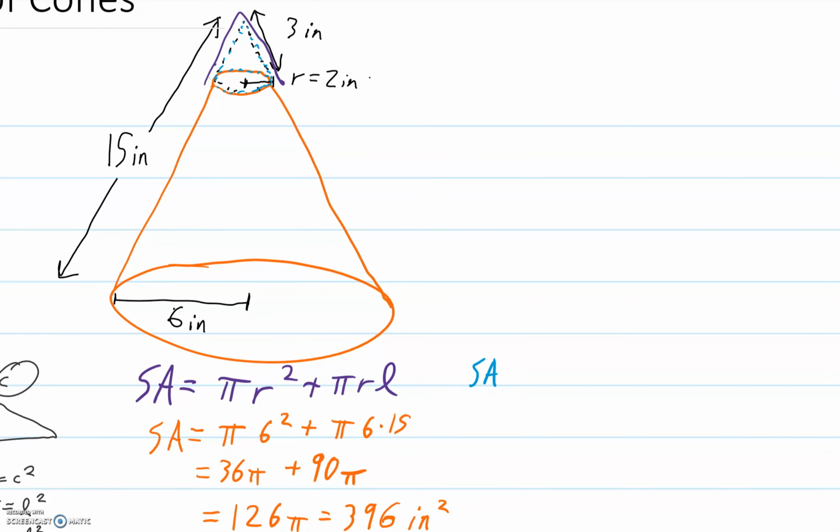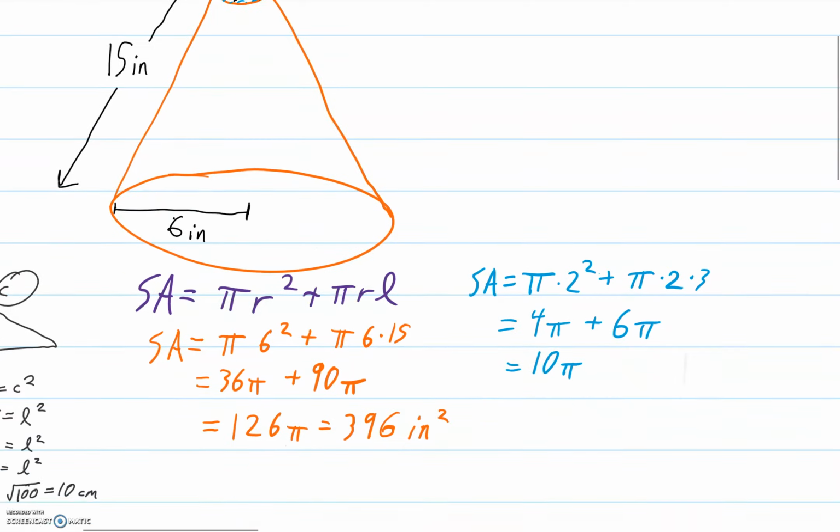The top cone surface area is pi, and then the radius, which is 2, squared, plus pi times the radius, which is 2, times the L, which in this part is 3. So 2 times 2 is 4 pi, plus 2 times 3 is 6 pi. We add those together, we get 10 pi.